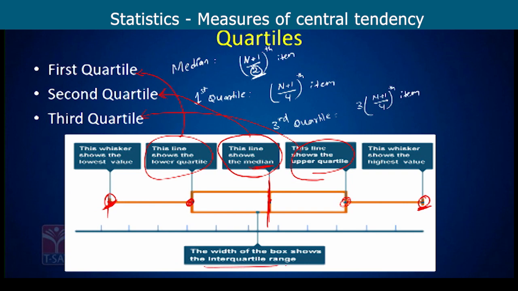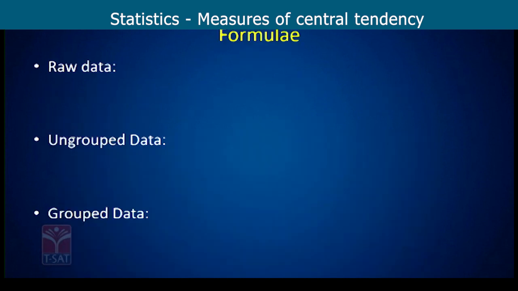Now look here, one more definition, that is interquartile range. So what is interquartile range? The width between the lower quartile and the median and the median to the upper quartile. So the width is nothing but our interquartile range. So we'll just roughly look into the formulas.